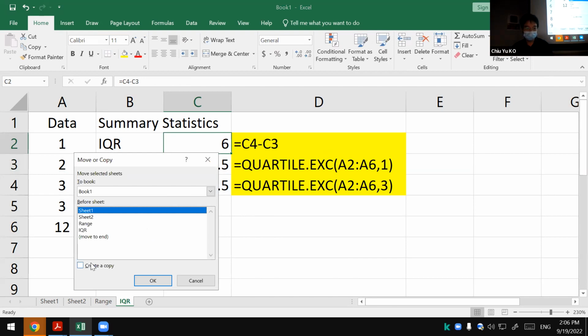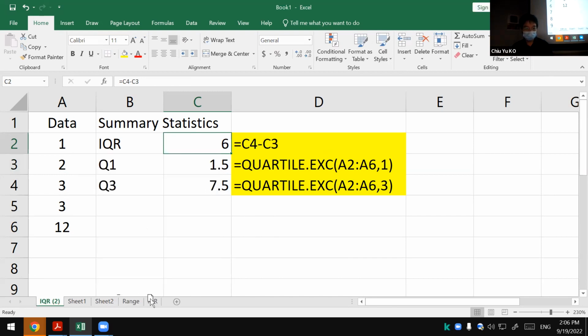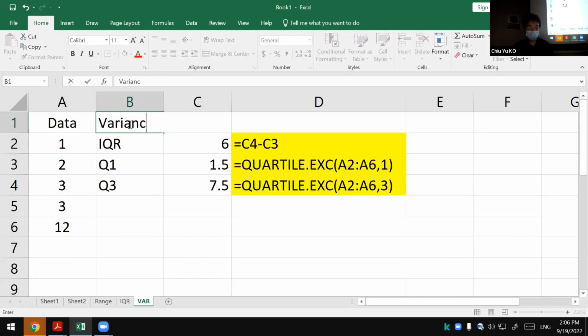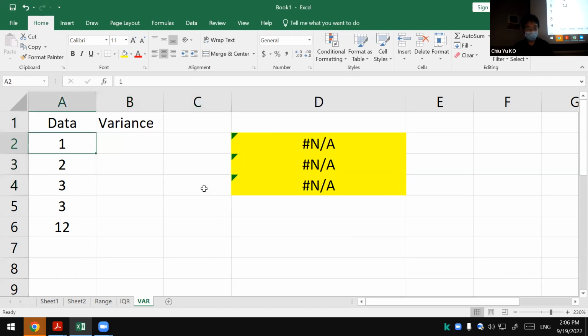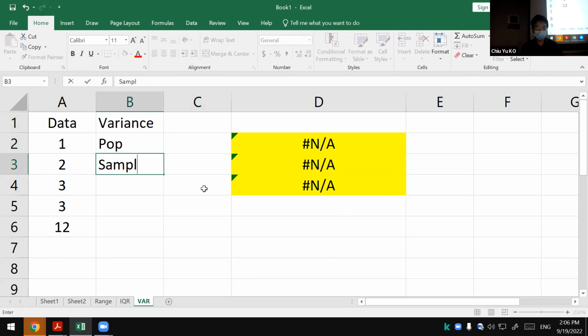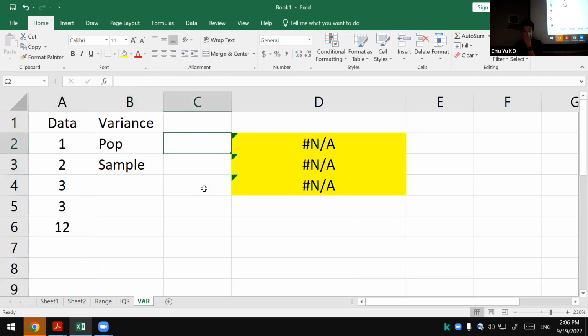Okay. Then maybe I create another one. If there's no question, I would do the variance measures. So look at different variance measures. For the variance, I have 2 versions, right? The population version and the sample version. So what are the formulas here? It's very simple.